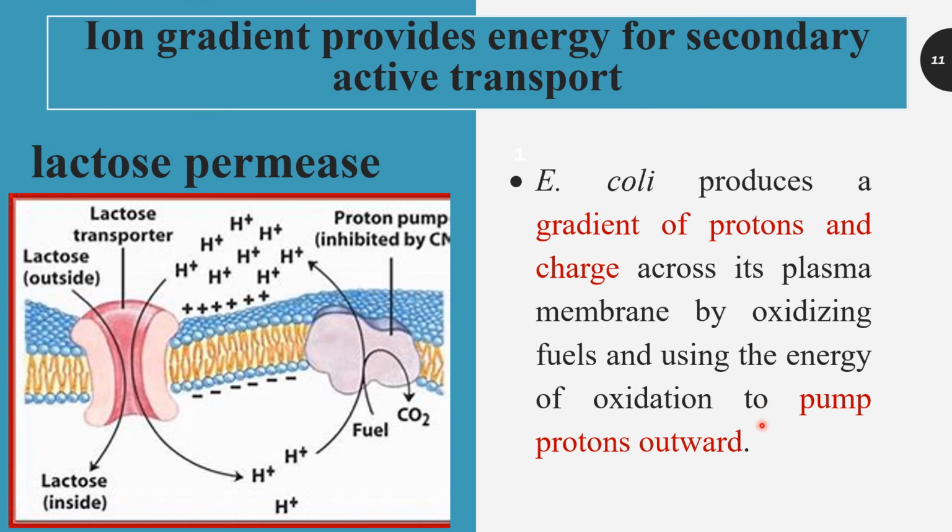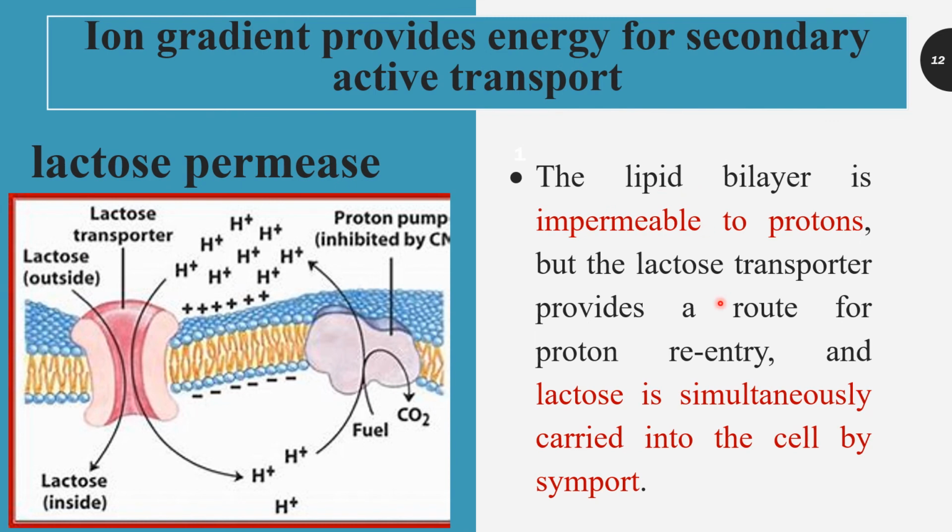The E. coli cell produces the gradient of protons across the membrane. Protons are positively charged, therefore the outer face of the membrane is positively charged and the inner face is negatively charged, and the energy to pump the protons from the cytoplasm to the periplasm is provided by the oxidation of organic compounds. The lipid bilayer is impermeable to protons. Protons cannot enter through the lipid bilayer.